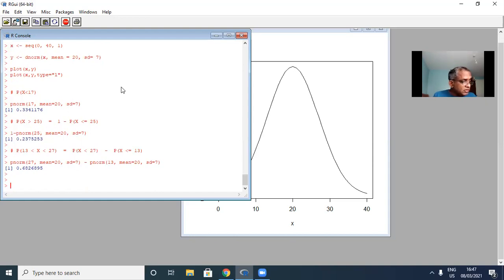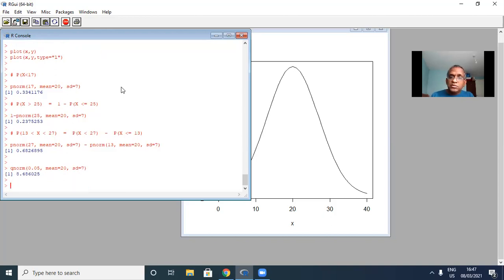Part 2 is to find the 5th, 10th, 90th, and 95th percentiles. All right, for that, you will use the qnorm command. So to find the 5th percentile, you put 0.05, mean equal to 20, SD equal to 7.